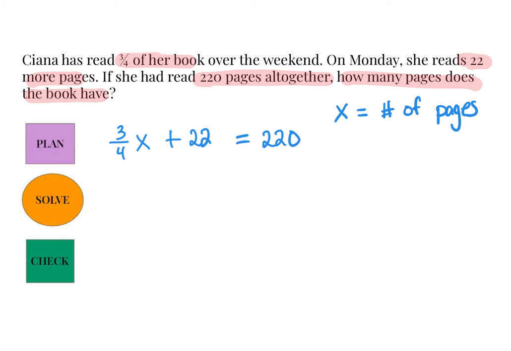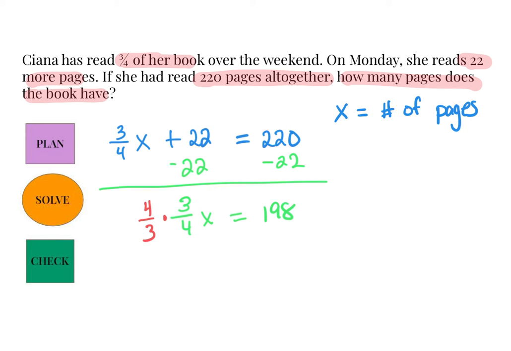So now I'm going to solve this equation. I'm going to subtract 22 from both sides. So I'm left with 3/4 X equals 220 minus 22, so 198. Then multiply by the inverse on both sides. Again, remember top with top, bottom with bottom. So 198 times 4 over 3, which equals 264.